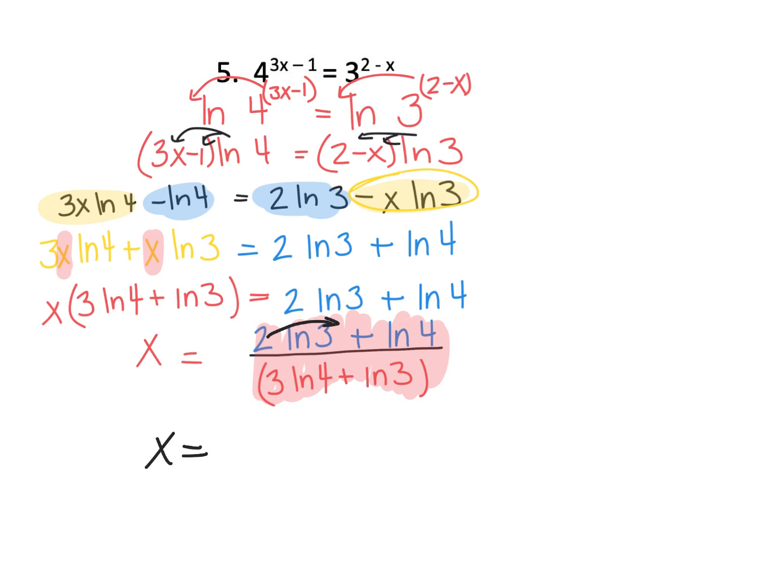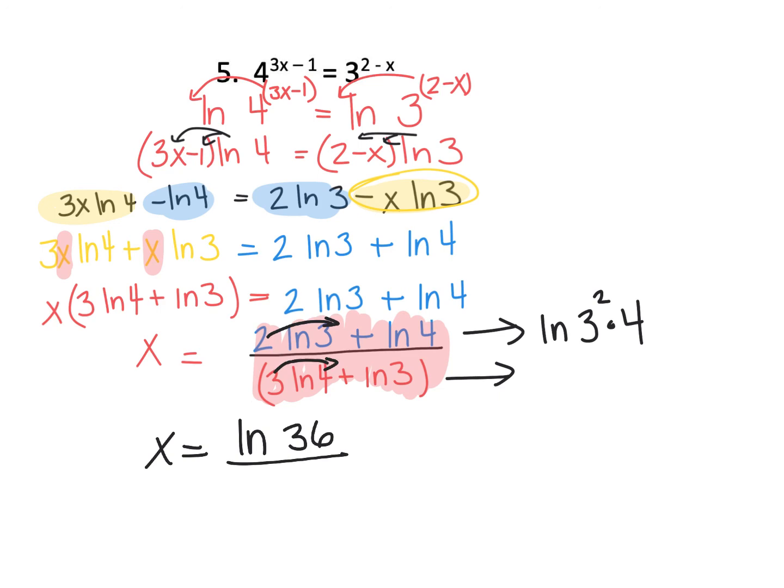So the top part would become the ln of 3 to the second times 4, which would be 9 times 4, or the ln of 36, over, now this denominator, bring the 3 up, would be the ln of 4 to the third.